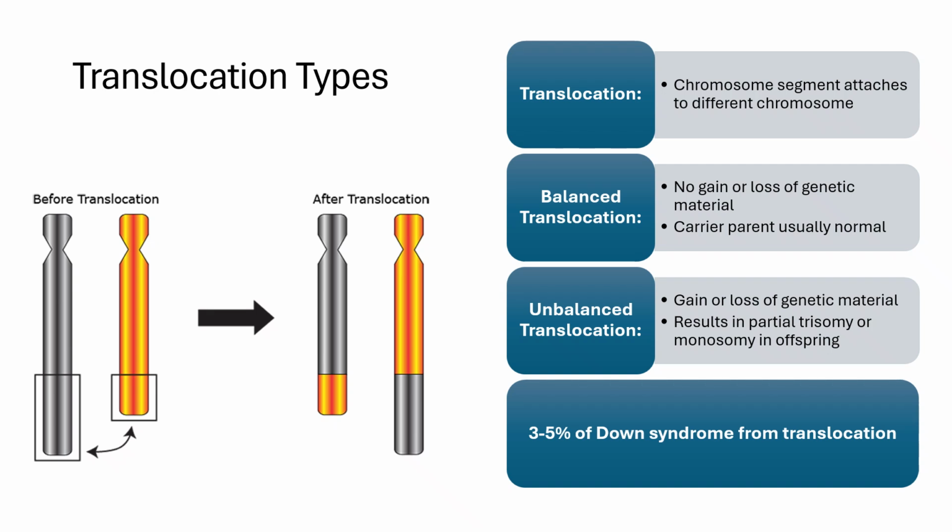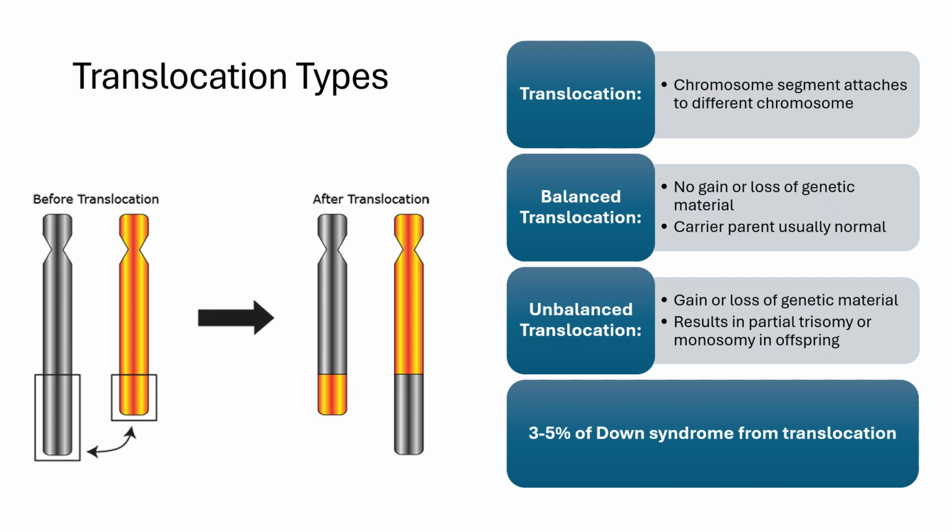The observation that 3 to 5% of Down syndrome cases result from translocation rather than simple nondisjunction carries crucial implications. Unlike standard trisomy 21, translocation Down syndrome can run in families. When we diagnose Down syndrome in a newborn, determining whether it results from translocation versus nondisjunction becomes essential for accurate recurrence risk counseling.